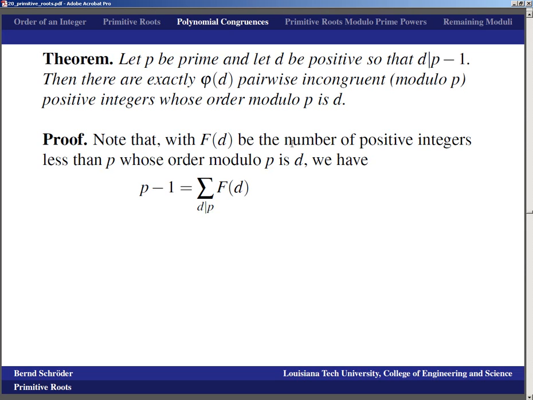So with f of d being the number of positive integers less than p whose order modulo p is d, we have that p minus 1 is the sum over all divisors d of p minus 1 of f of d, because after all every number between 1 and p minus 1 has some order d that divides p minus 1.